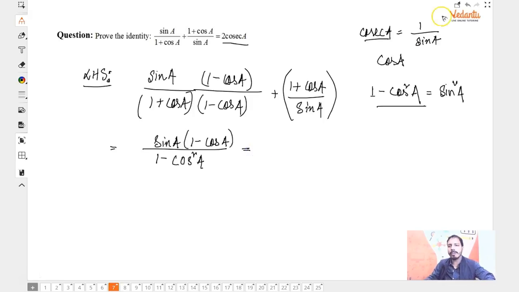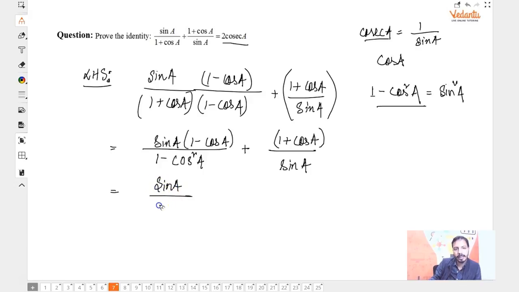Now you can do the same thing on this side also, but let me leave it as it is and see what is happening. So now if you see here, 1 minus cos square A will become sine square A, and this into (1 minus cos A), plus the same thing here.